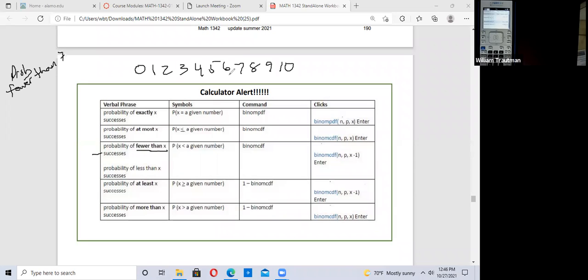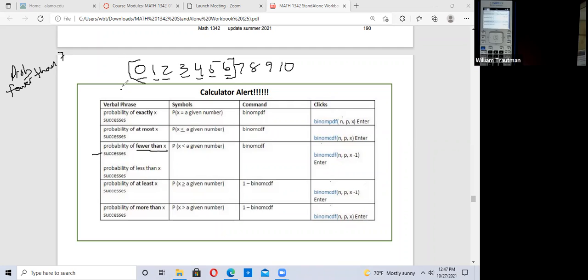Well, fewer than 7 is 6, 5, 4, 3, 2, 1, or 0. Fewer than 7 doesn't mean 7. At most 7 means 7 is the most, but fewer than 7, you do not include 7. So we're only including 0, 1, 2, 3, 4, 5, or 6.